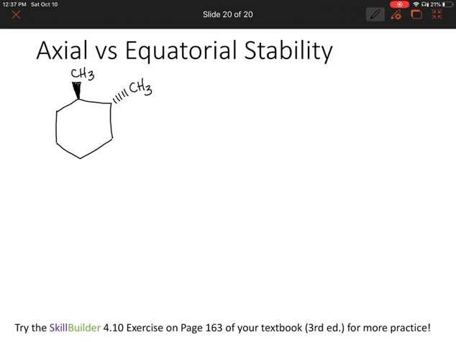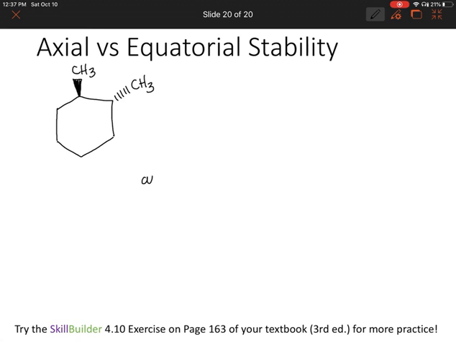So let's actually take a minute and name this molecule for some practice. So remember, if you have a monocyclic ring, you want to count all of the carbons in your ring. So we already know that this is cyclohexane, right? So we can start with that. But we want to number this so that the substituents have the lowest numbers possible.